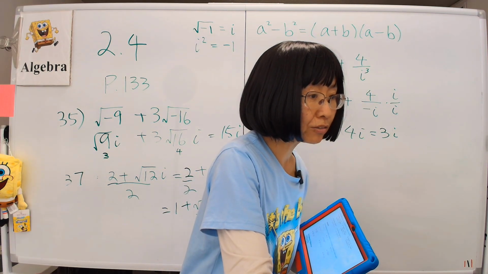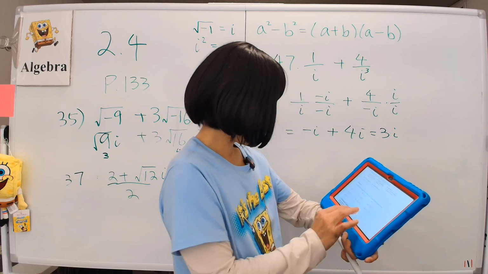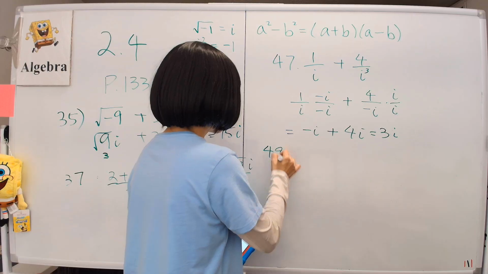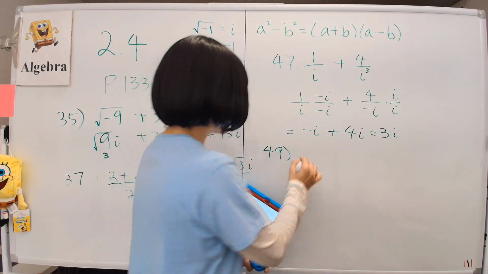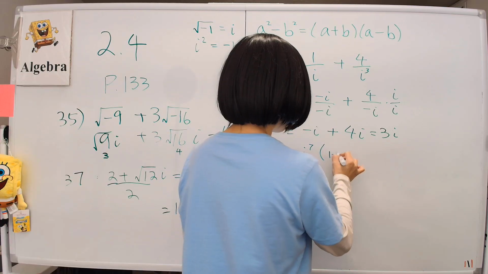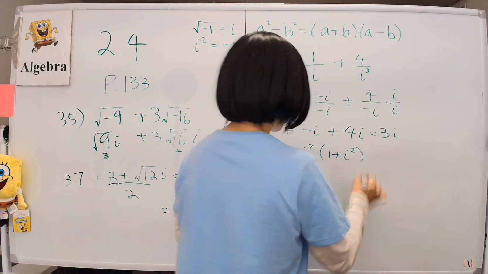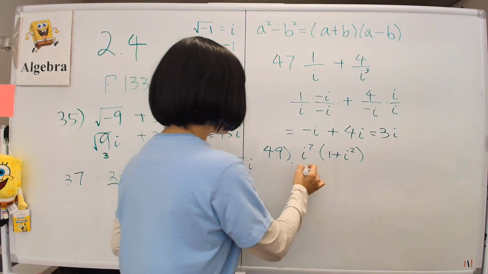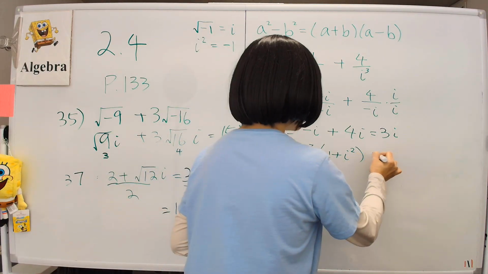Next, we need to do problem 49. We have i to the 7th times 1 plus i squared. Before we figure out what i to the 7th is, there's a slight trick in here.